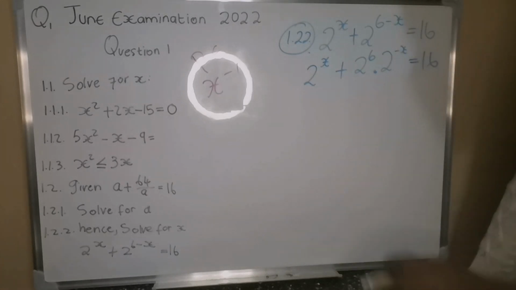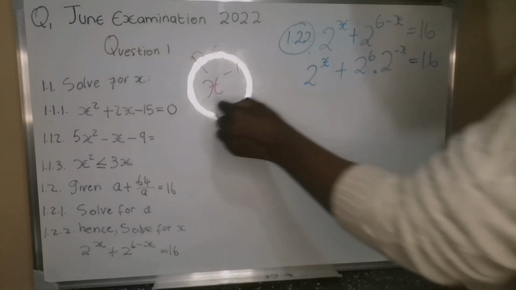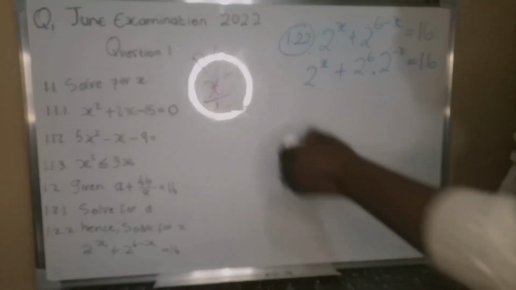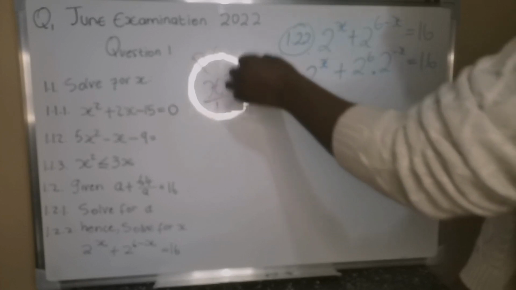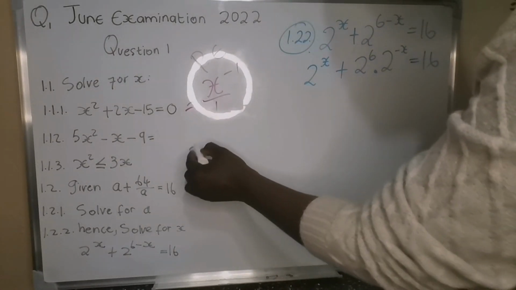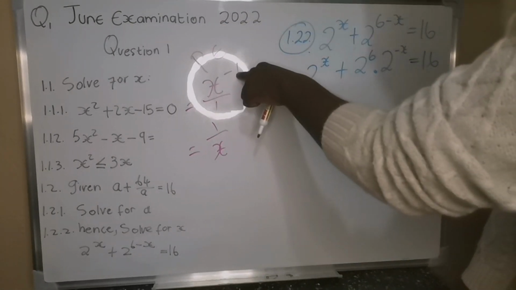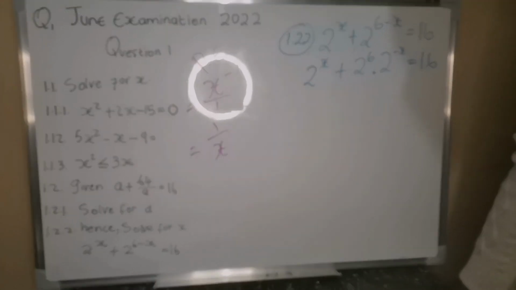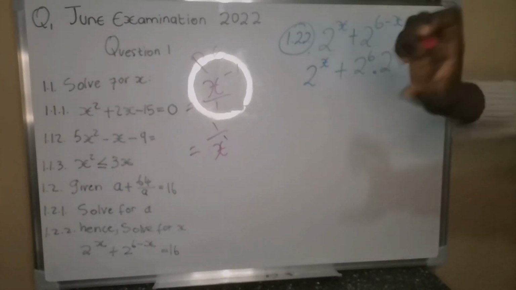You just flip it until you have 1 over here. If you flip it, this one will come as our numerator, and this x to the power -1 will be our denominator. So we're going to have 1 over, but the difference will be the sign of this exponent around x, which is going to be +1 in this case. So just flip them.